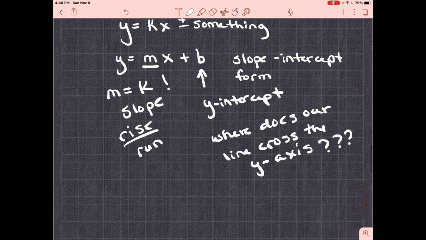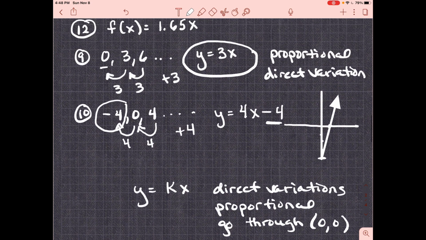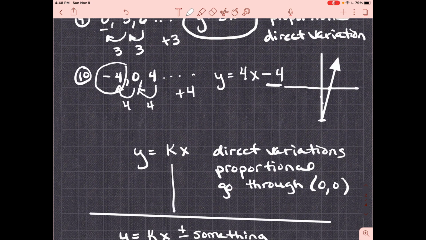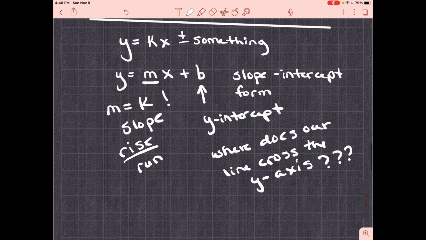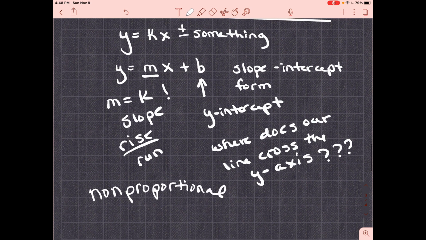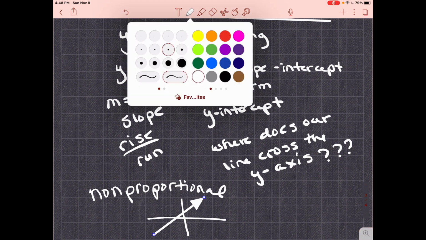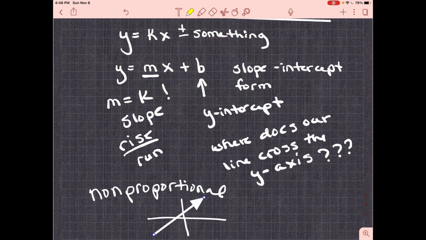Okay, so two kinds of equations. Proportional ones, they go through the origin. Something like that. Doesn't have to be a positive slope, can be negative. And then we have non-proportional ones. And they have a little extra piece to the equation, which just tells us where we crossed the y-axis.